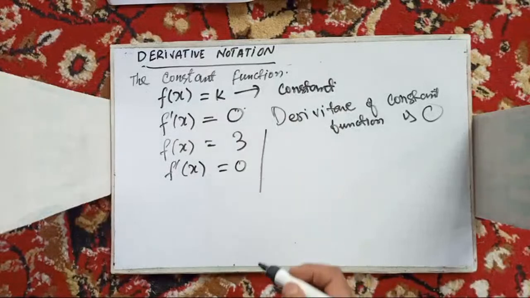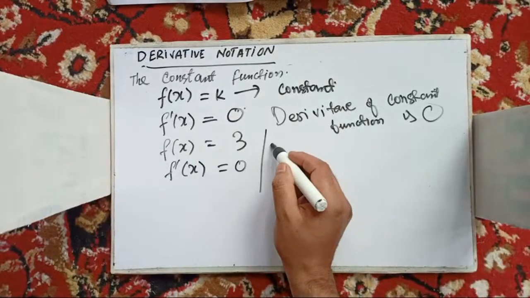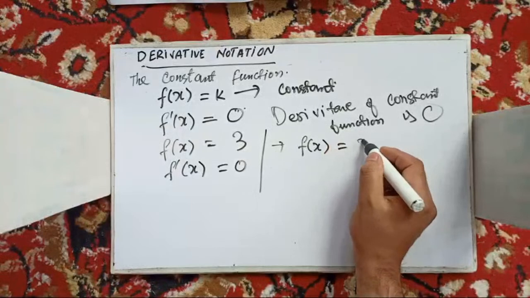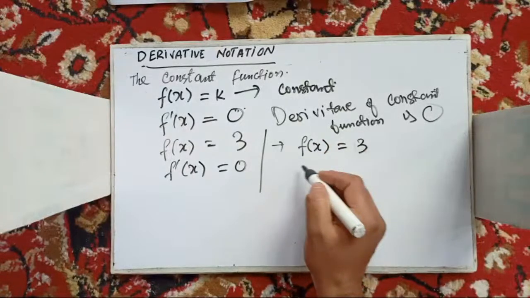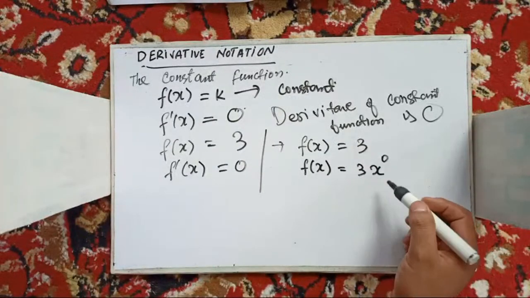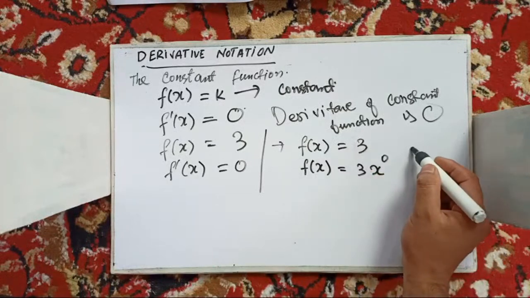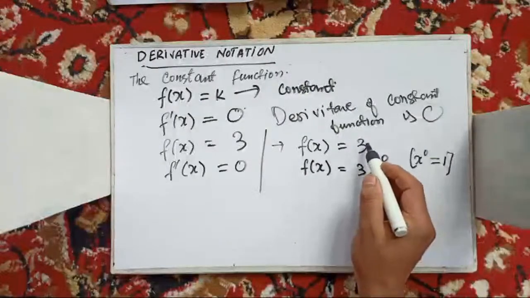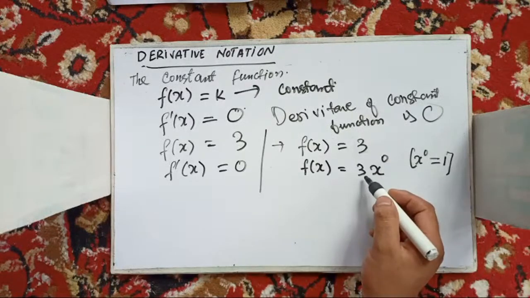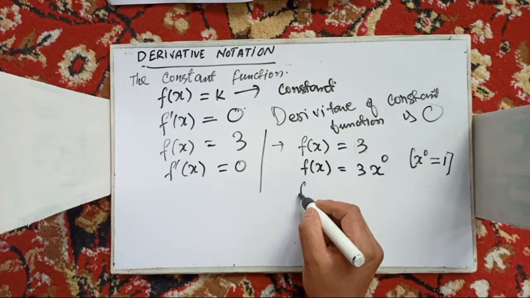We can show this like, if f of x is equal to 3, I can write this same function as f of x is equal to 3x to the power 0. Now 3x to the power 0 is 3. Why? Because anything raised to the power 0 is equal to 1, so 3 into 1 is 3. Now using the power function rule, the exponent 0 becomes the coefficient.